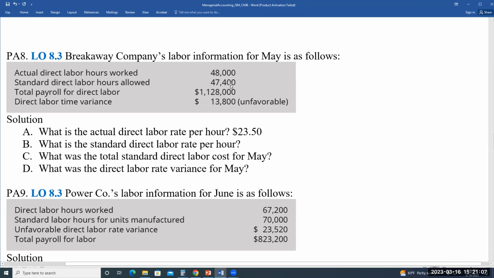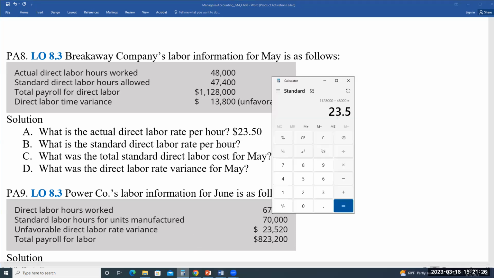Well, we have to first figure out what the standard cost would be. So if the actual cost was unfavorable, that means the standard would have been lower.